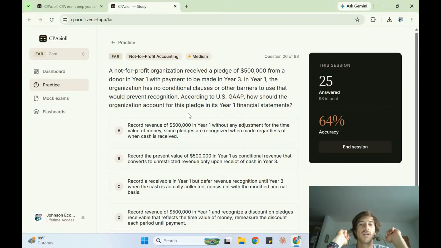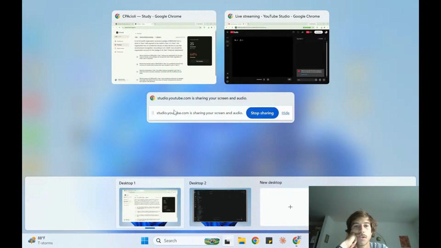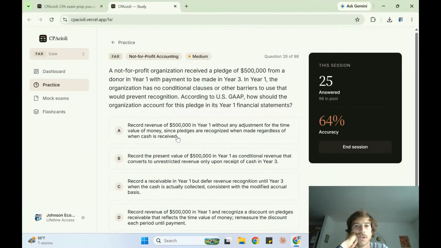According to US GAAP. Okay, so this is for not-for-profit stuff.